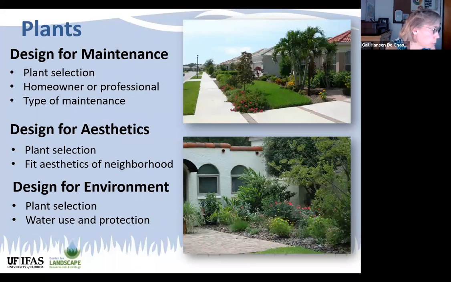But there is actually a reason for thinking about maintenance first. If you think about how that landscape is going to be maintained, that will drive your plant selection in many ways.